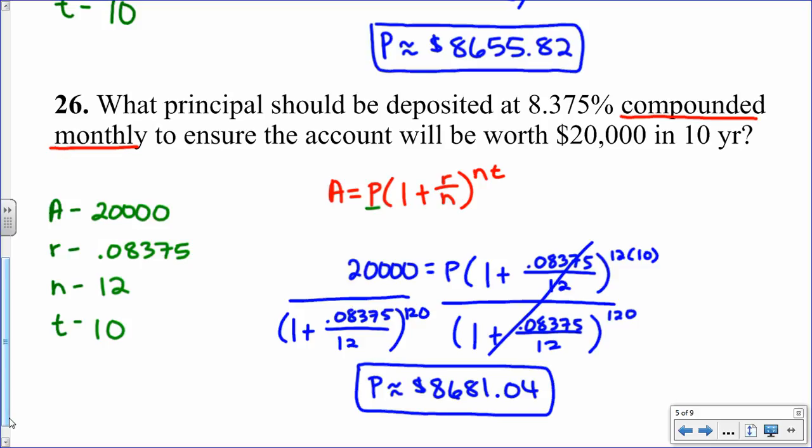Now there's not a whole lot of difference between these, but the longer it goes, the bigger the difference will be. P is what you initially invest. So if you do continuous interest, you have to invest less than you would if it were monthly interest. So given the choice, you want the account to be compounding continuously.